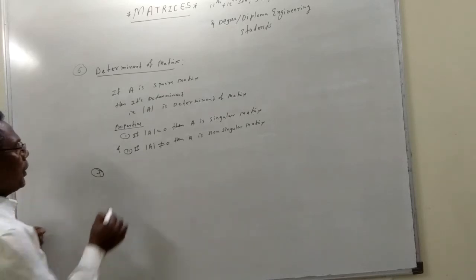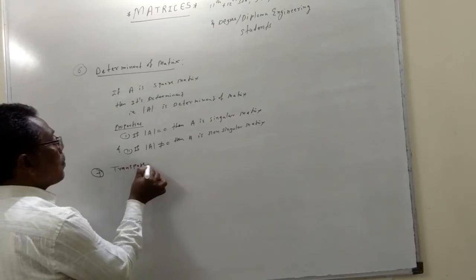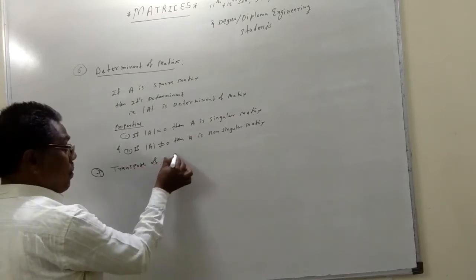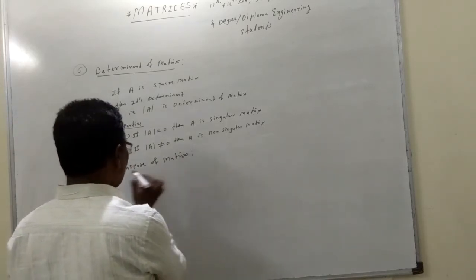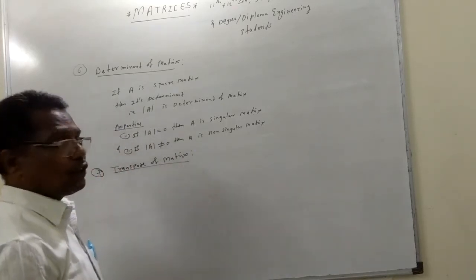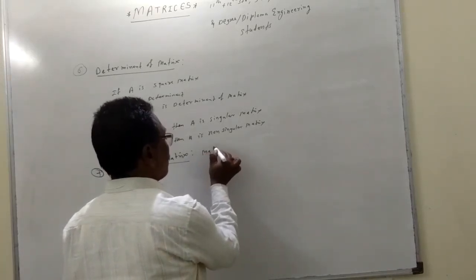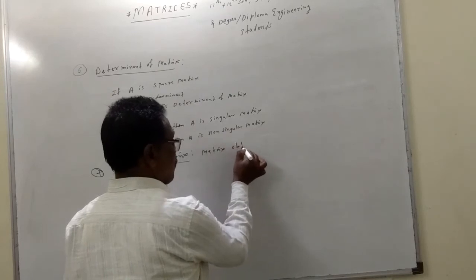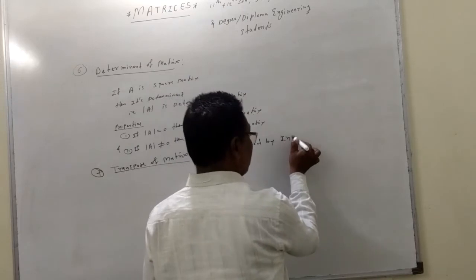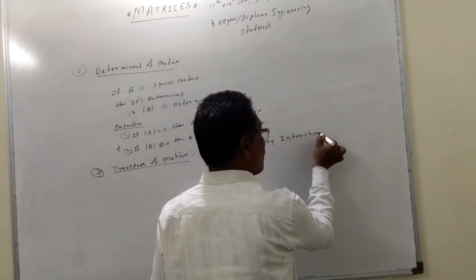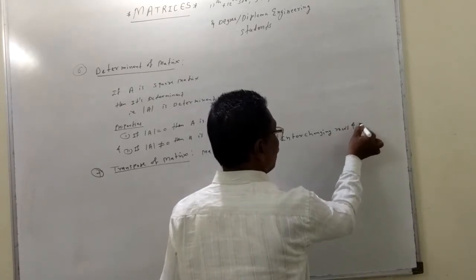Seventh mathematical operation, transpose of matrix. So transpose of matrix means what? Matrix obtained by interchanging rows and columns.